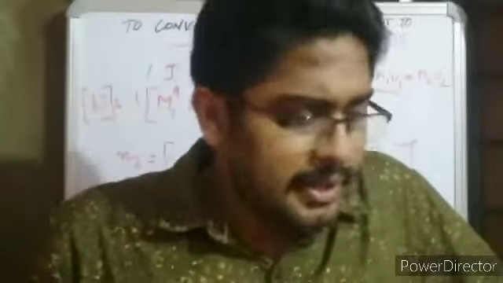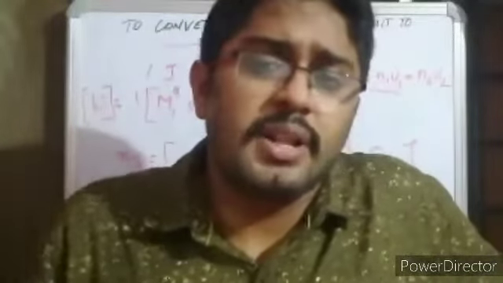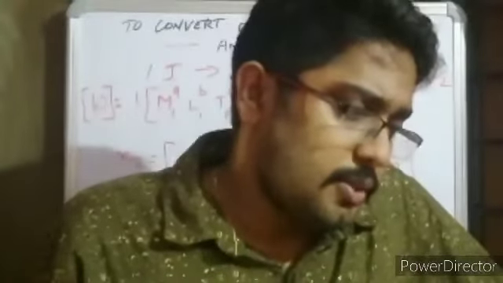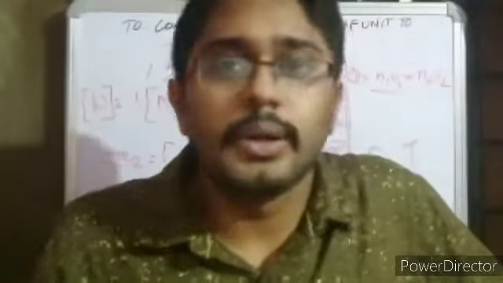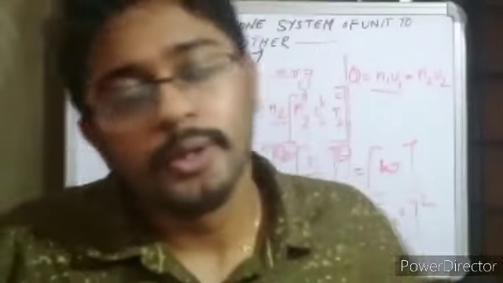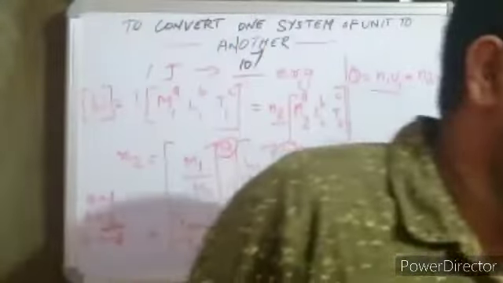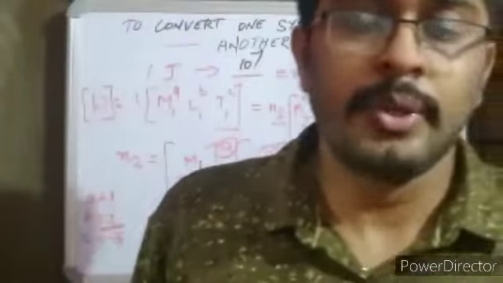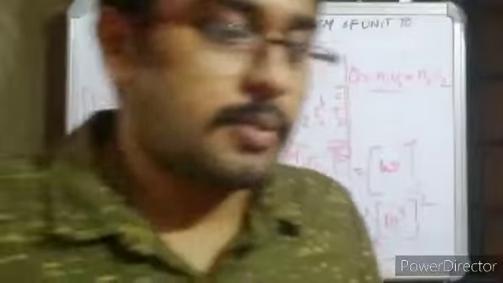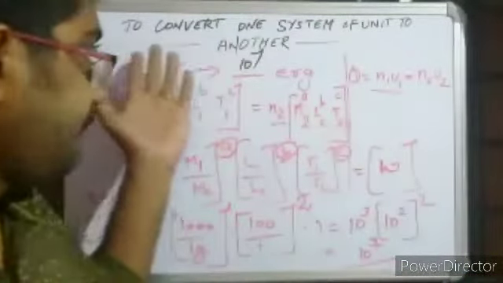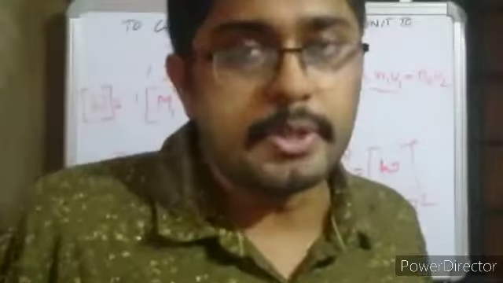Again, there are limitations for this dimensional formula. Let's say you need to convert 1 kilowatt hour into some other unit. Watt is an SI unit, but hour is not an SI unit. So if the systems of units are uniform, you can make use of this application of dimensional formula.